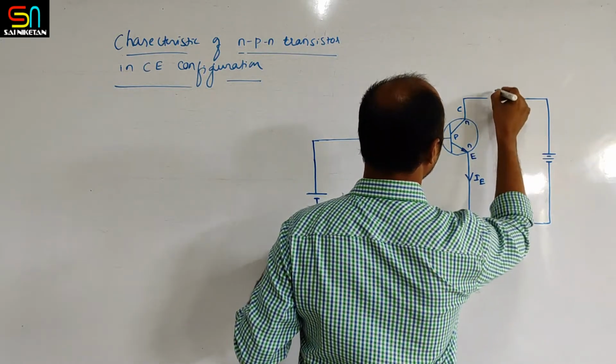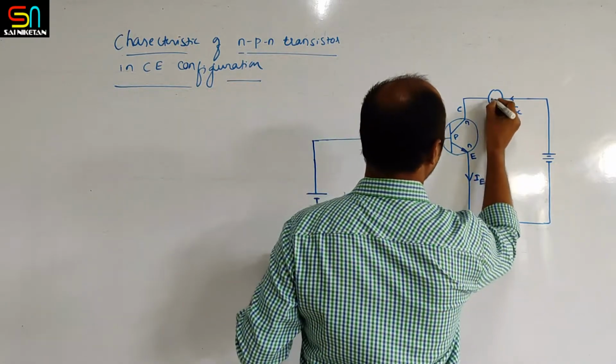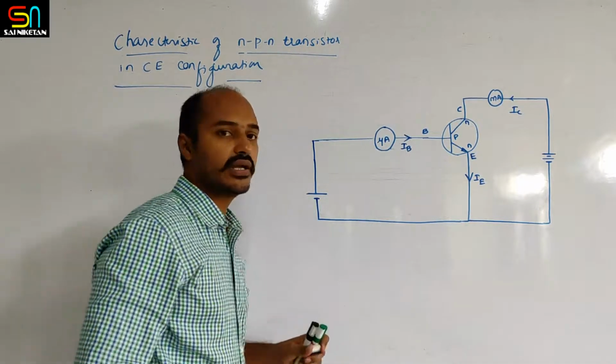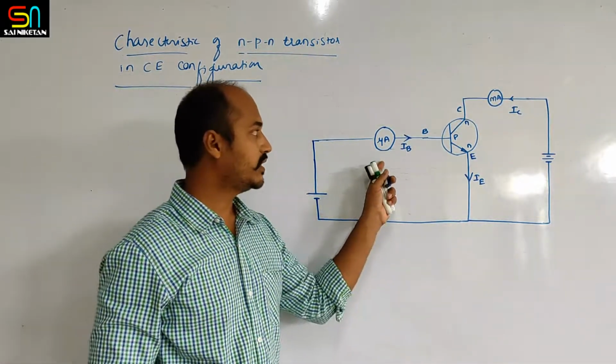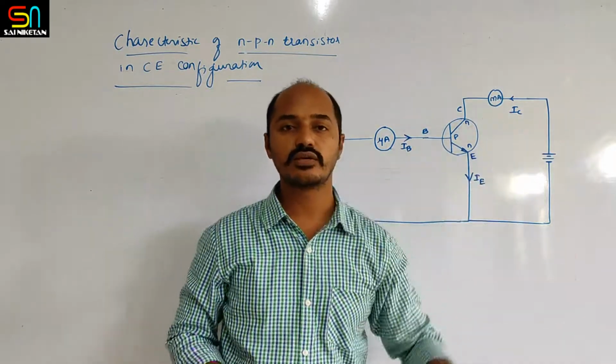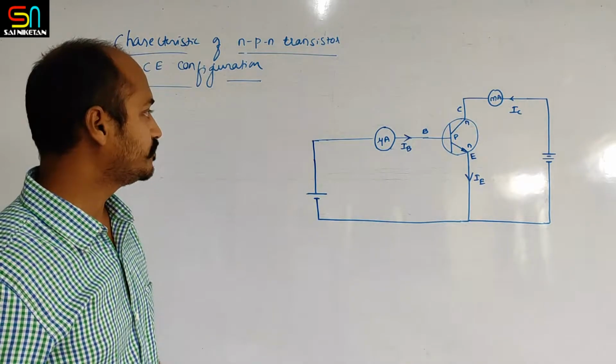Here we also have to measure a current, so I am placing a milliammeter. Here the current is very small, so we are connecting a microammeter. Here the current is a bit larger, so we have connected the milliammeter.